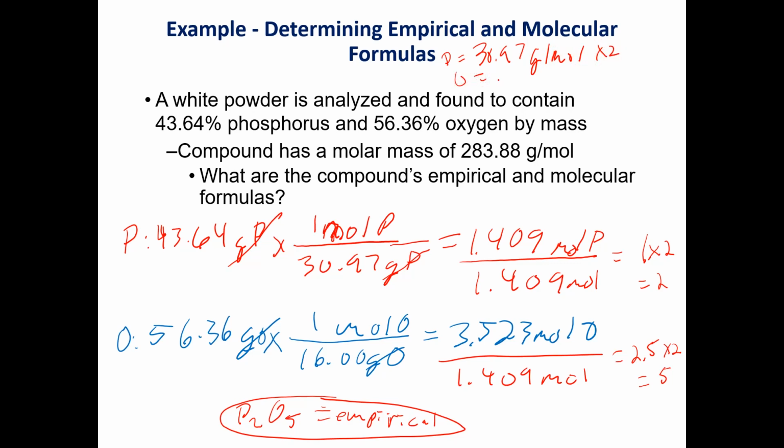And oxygen has a molar mass of 16 grams per mole, and there are 5 of them. So if we add that together, we get a molar mass of 141.94 grams per mole.